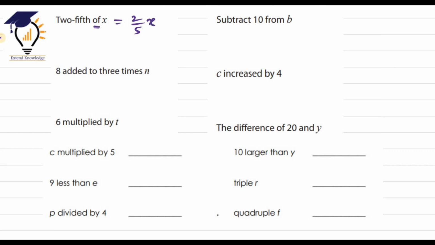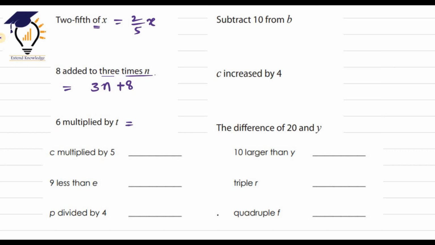So 2/5 of x we can write as 2/5 times x. 8 added to 3 times n: 8 is being added to 3 times n, so we write 3n plus 8.